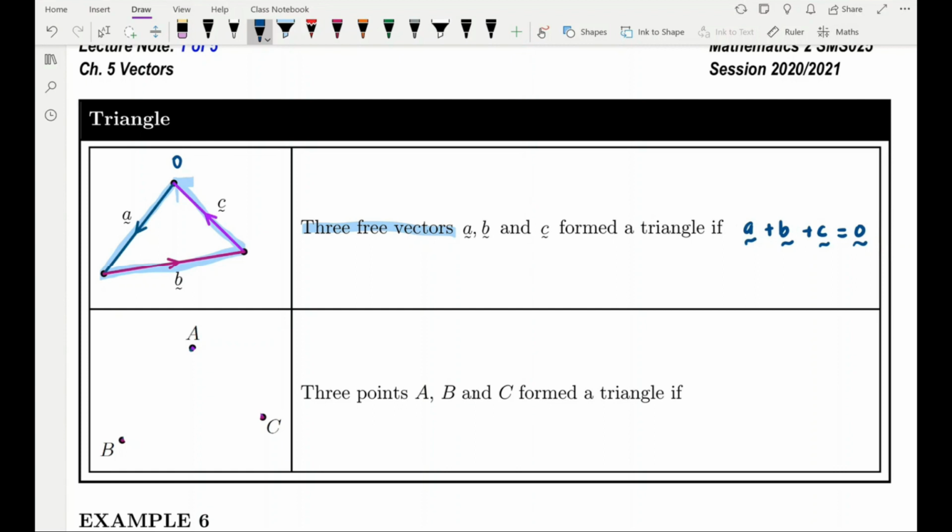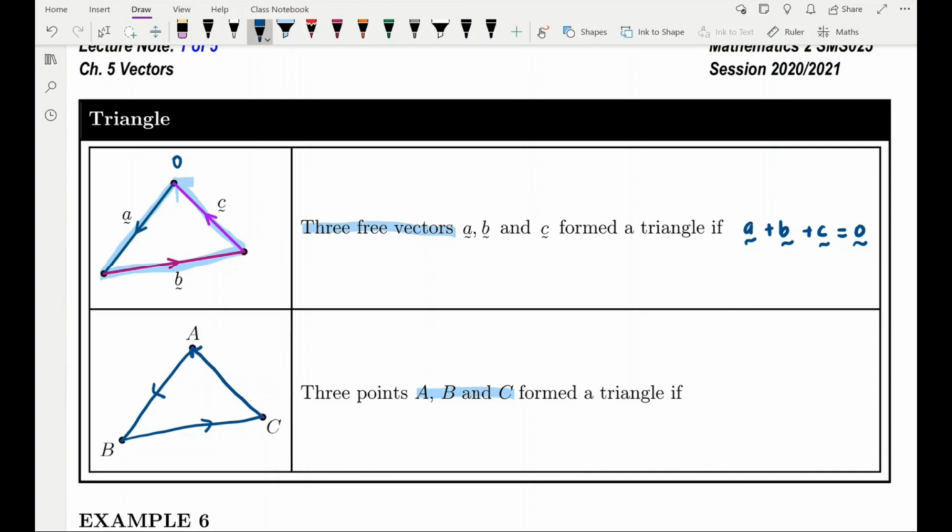Another one, we have 3 points, A, B and C. We can say ABC form a triangle if, remember that we must add from head to tail, we add AB plus BC plus CA.